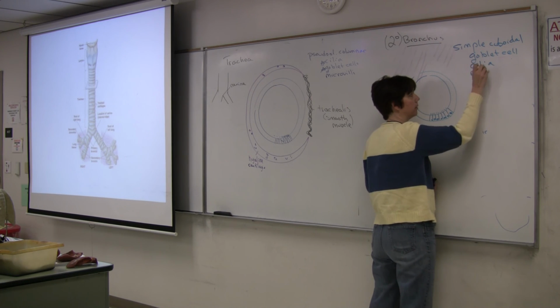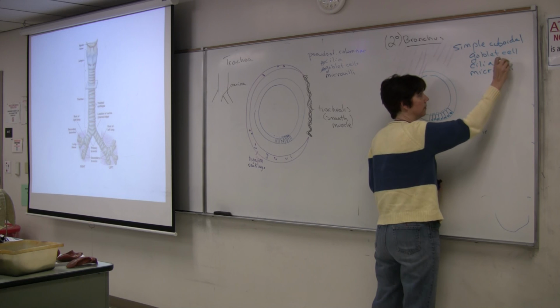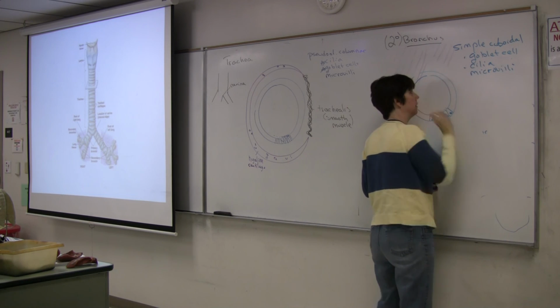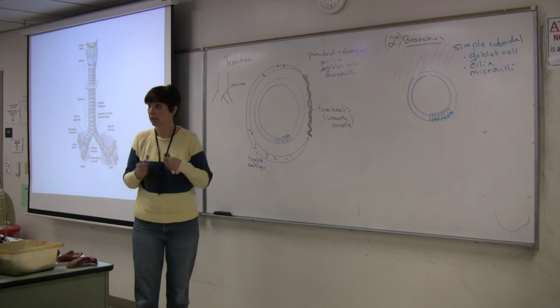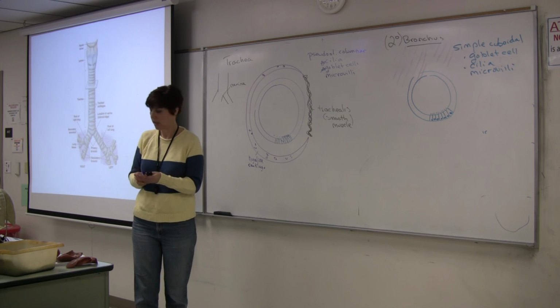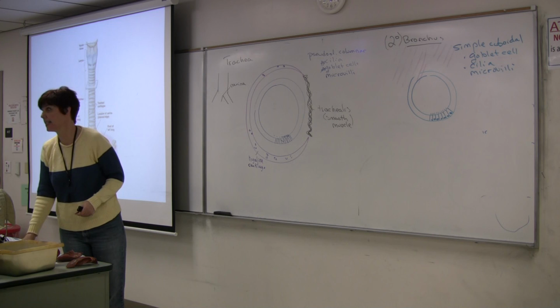And probably more microvilli now. But these are still the more important characteristics. Cartilage is present, and it's what I call a discontinuous ring.